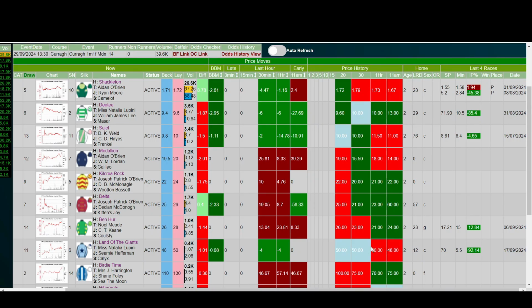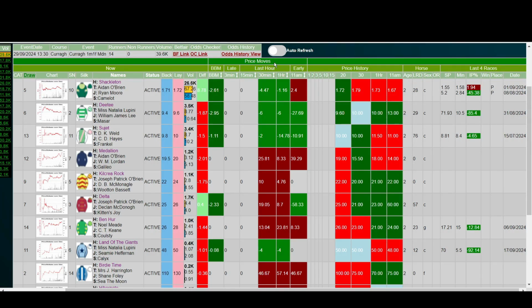Light blue is just neutral, it's done nothing, and then come in, drifted. So instantly you form a picture in your mind about what that horse is doing in the lead up to a race from 11 a.m. and that goes right to the end to 1 minute.